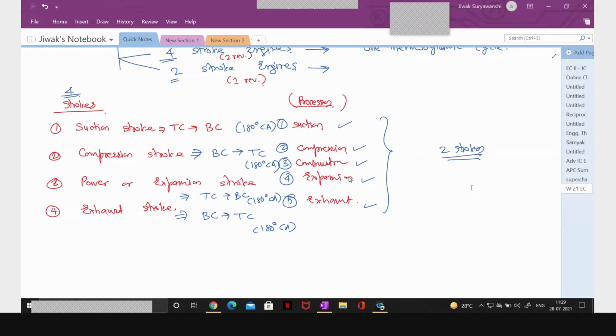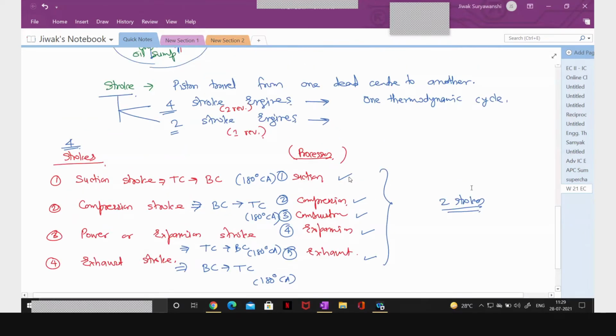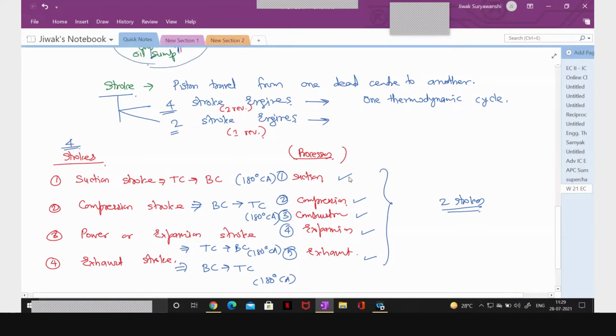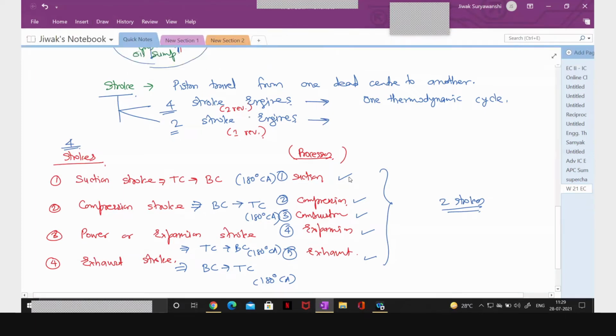So in the case of a 2-stroke engine, there is only one revolution of the crankshaft. That means the piston is moving from TC to BC, and then from BC to TC. And during these strokes, all 5 processes should occur.